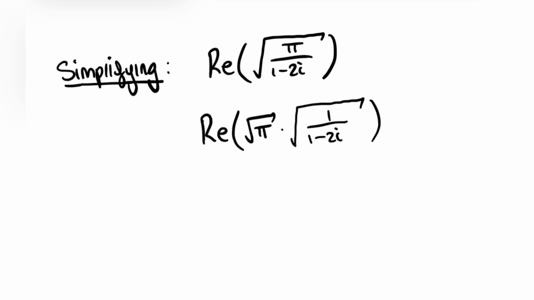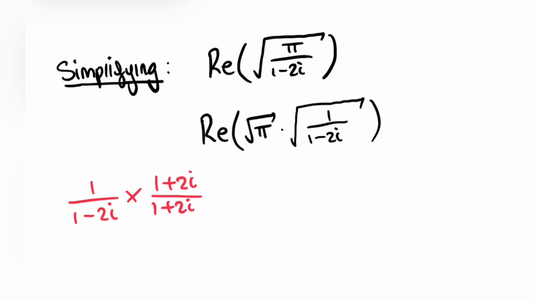So to start, I'm going to bring out that root pi from inside of the square root, and then it's our job to simplify this fraction, this 1 over 1 minus 2i. To simplify a complex number like this, you have to multiply the top and the bottom by the complex conjugate, okay?